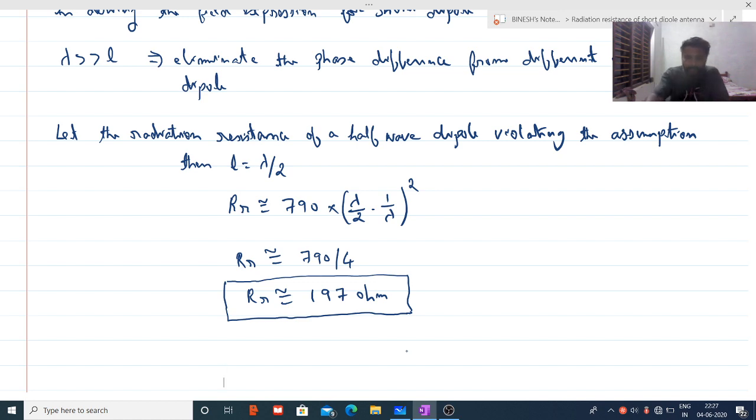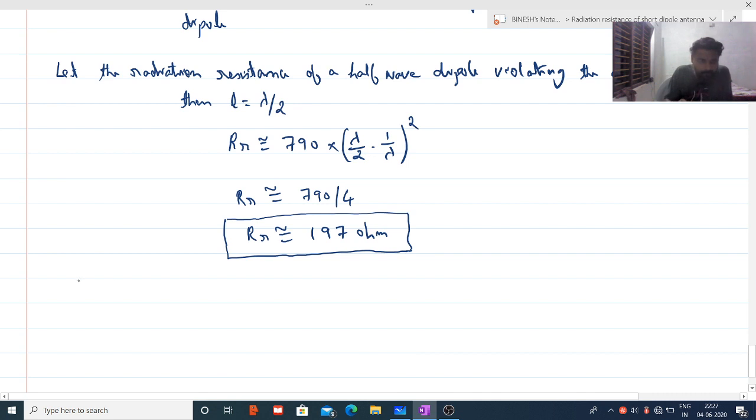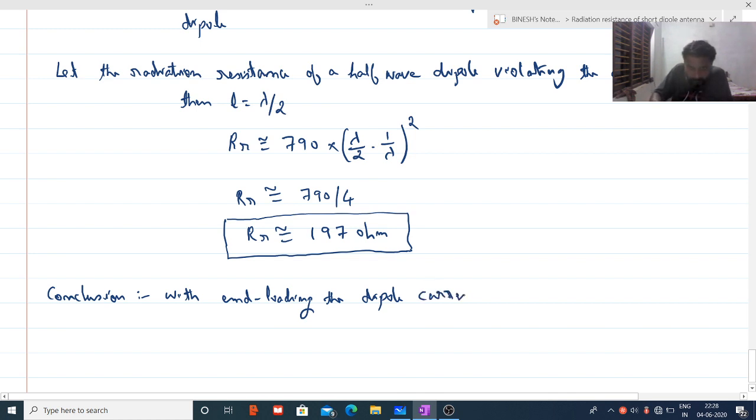So I can make a conclusion from here: with end loading, the dipole antenna current is uniform.